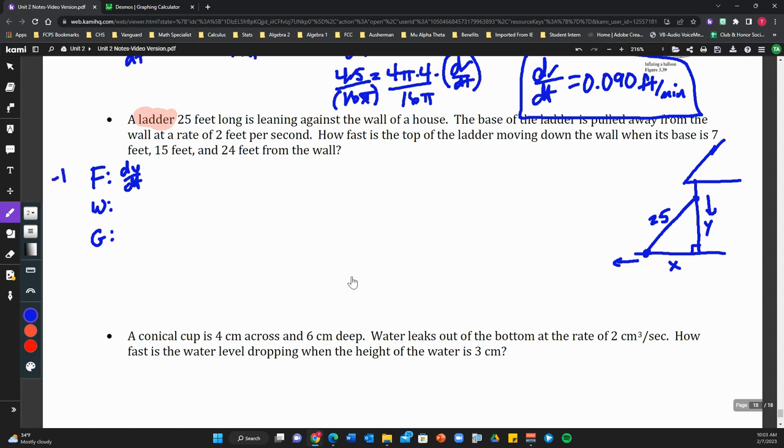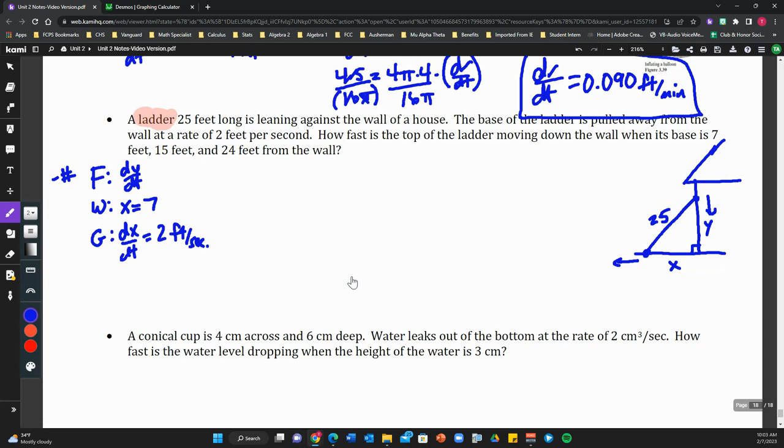So I know this has to be some kind of negative rate. Again, an easy way to check ourselves. In this case, we're going to start with the base being 7 feet from the wall, so when x is 7. Given that the base of the ladder is being pulled away from the wall at a rate of 2 feet per second, the size of x is increasing. So dx/dt would be positive 2 feet per second.